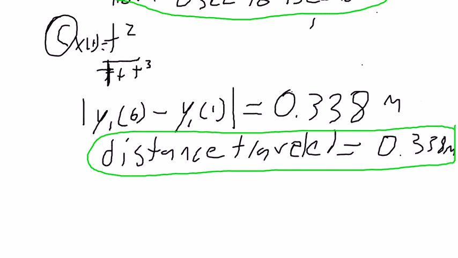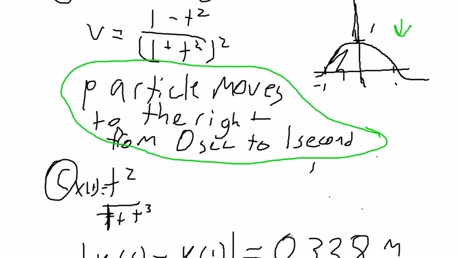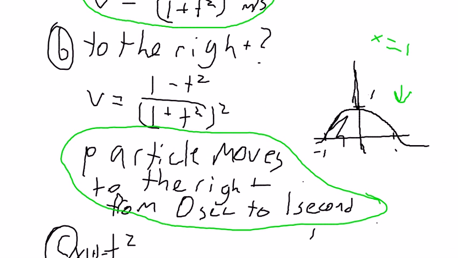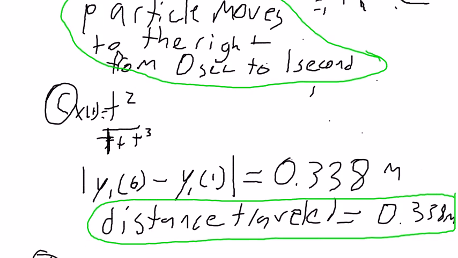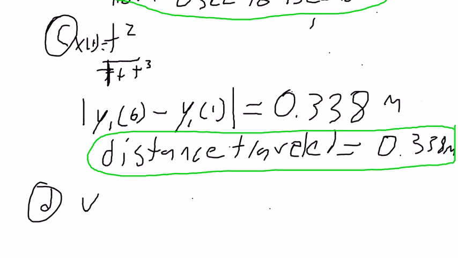And finally, it asks us when it's speeding up and when it's slowing down. And we would use the graph of the velocity function. And we know that it's speeding up whenever either velocity is positive and increasing, or velocity is negative and decreasing.